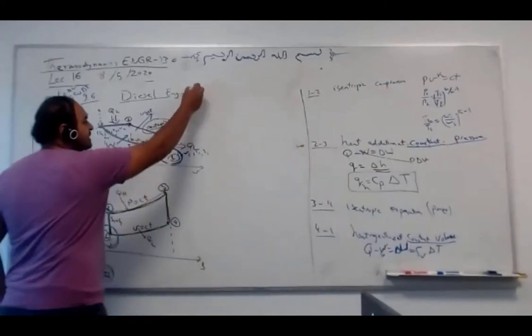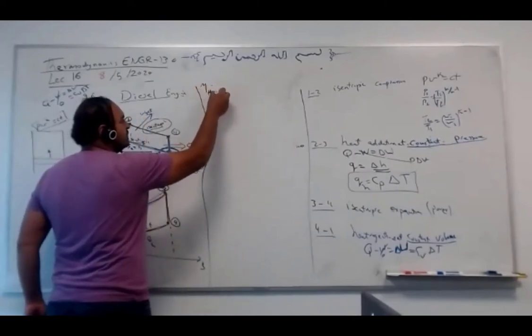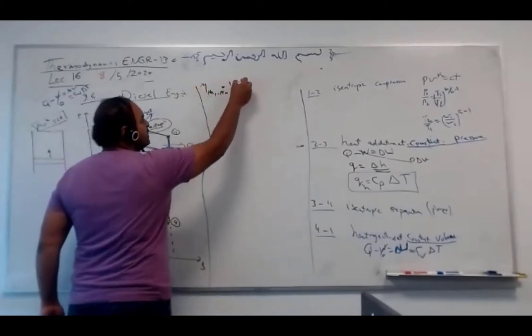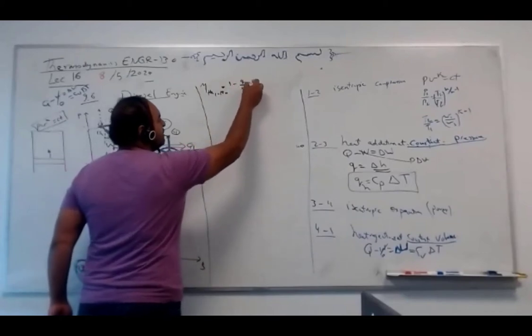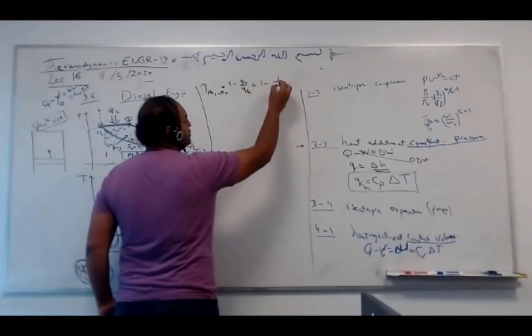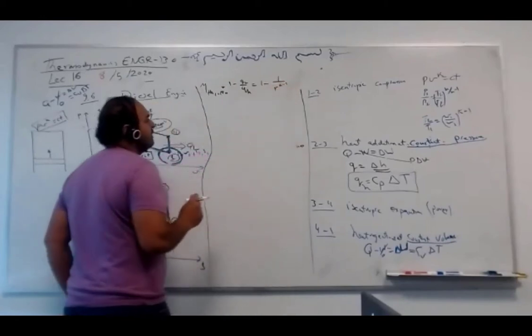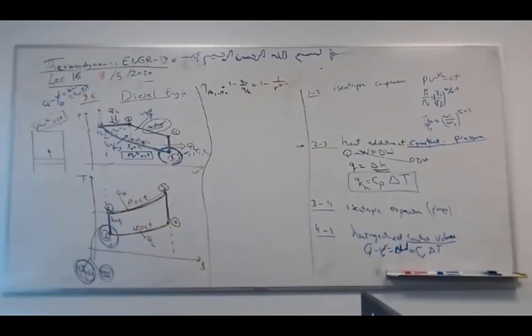The thermal efficiency of the Otto cycle is 1 minus Q low over Q high, and when simplified, it was finally 1 minus 1 over R, the compression ratio, to the power K minus 1. This was the last thing we did in the last lecture.